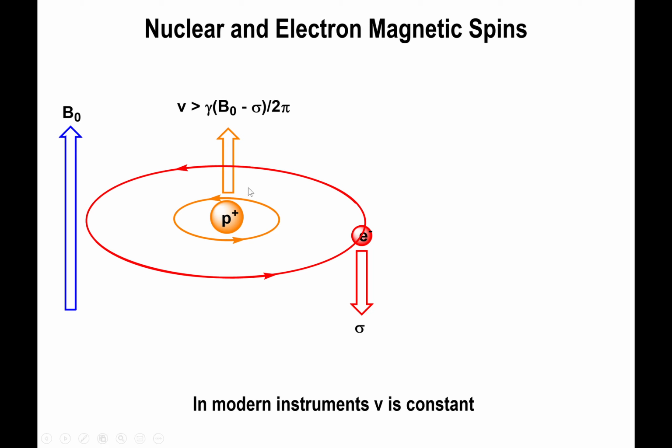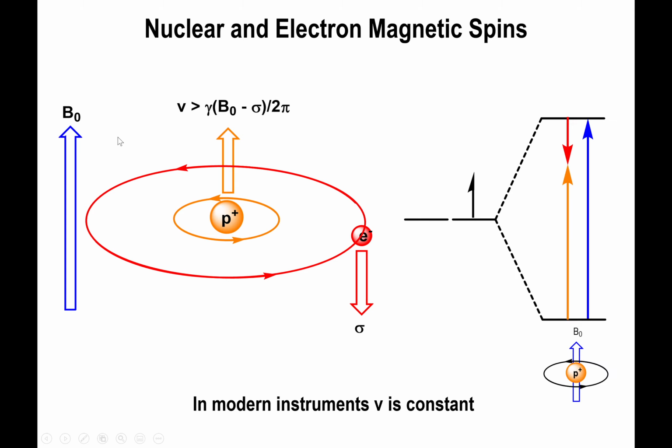So then, considering that and the fact that they both have to be spin up to be in their similar ground state level, if you will, what ends up happening is that the electron opposes the external magnetic field, and so it kind of limits how far you're going to go.